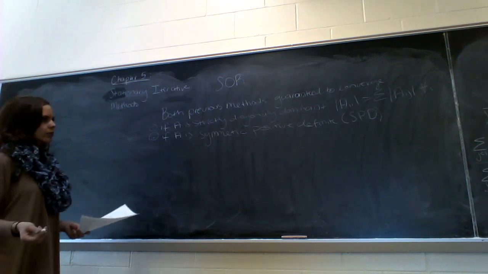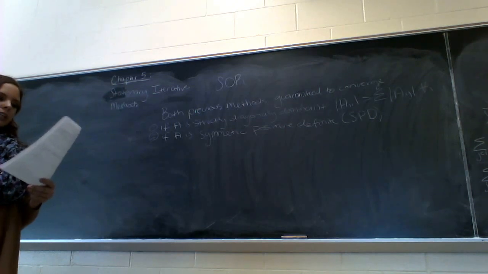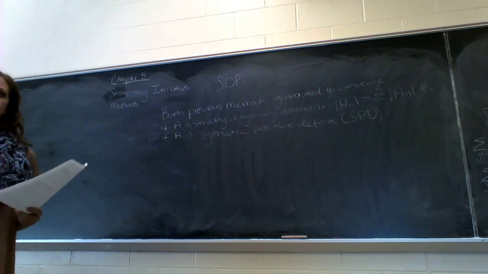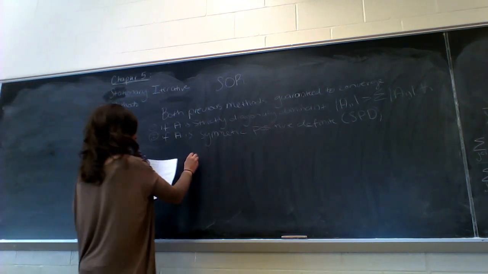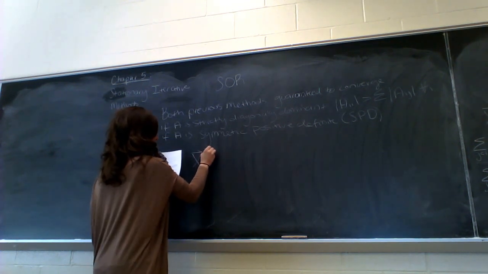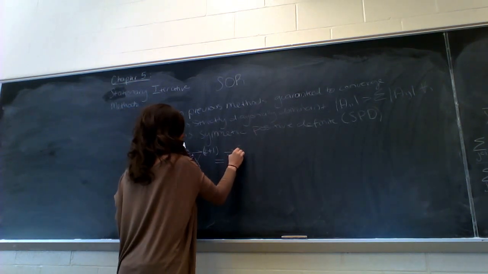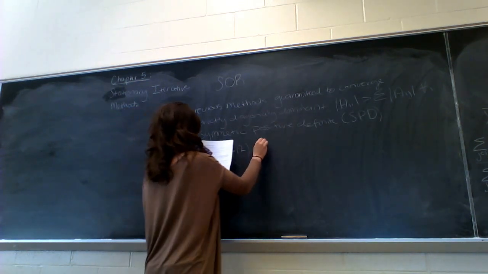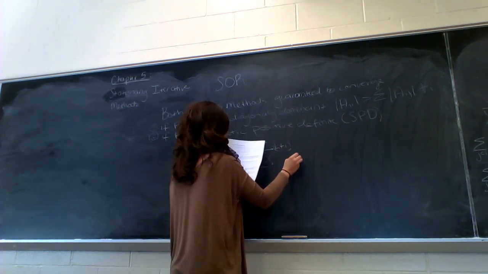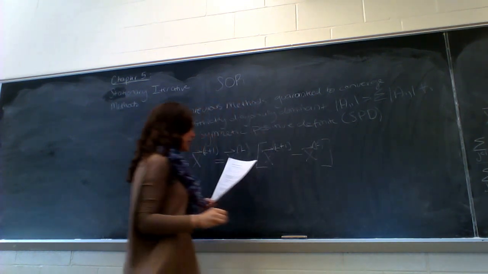So first of all, we're going to rewrite Gauss-Seidel in a way that is not really helpful when you're trying to compute a solution, but it will be helpful to derive our SOR method. So we rewrite Gauss-Seidel this way: x^(k+1) equals x^k plus (x^(k+1) minus x^k).